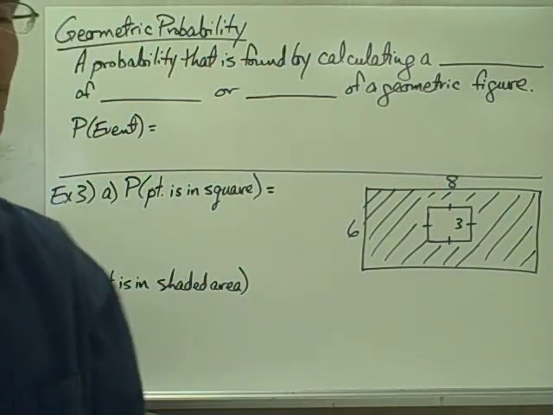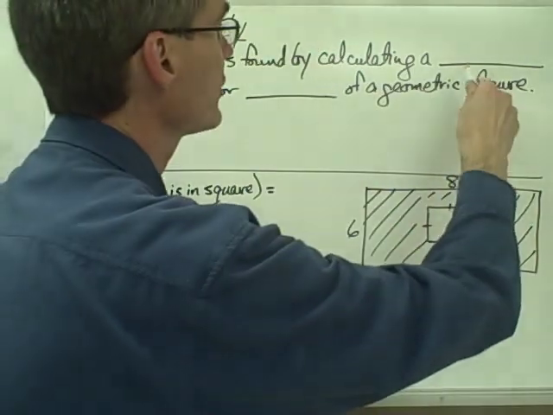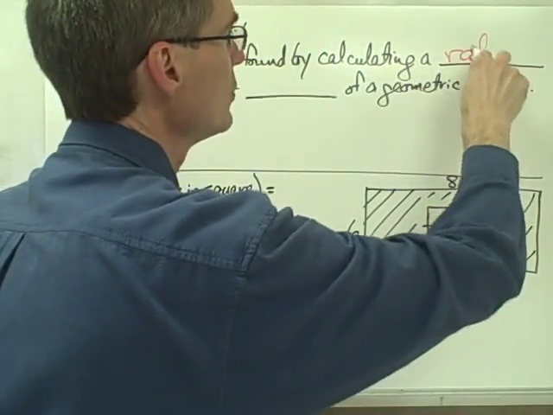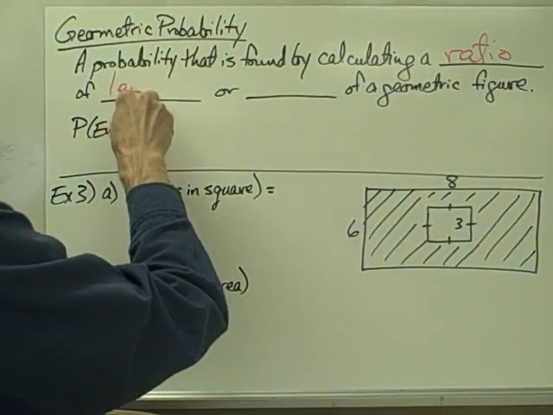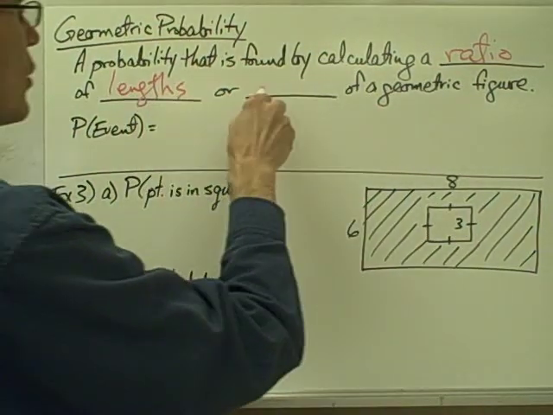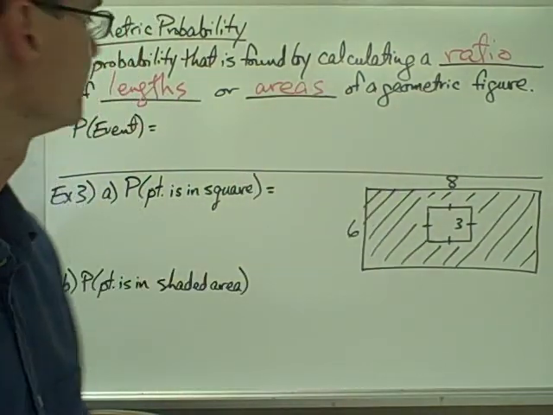Now, geometric probability. Geometric probability is just a probability that is found by calculating a ratio of lengths or areas of a geometric figure.